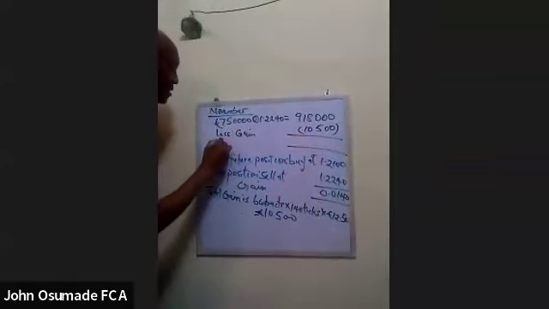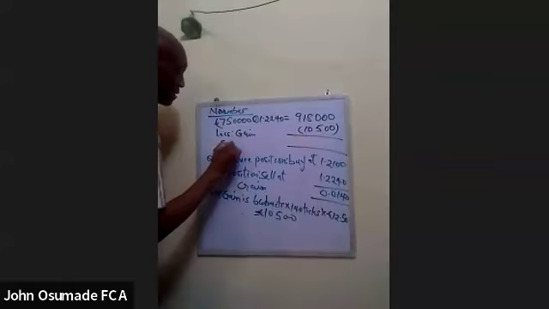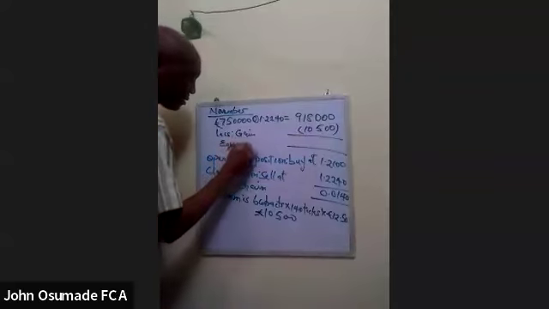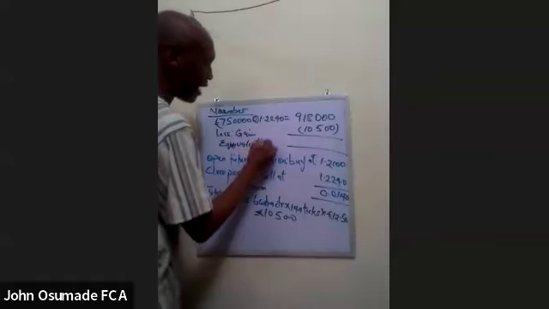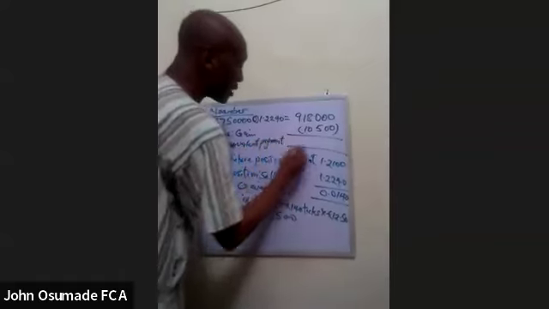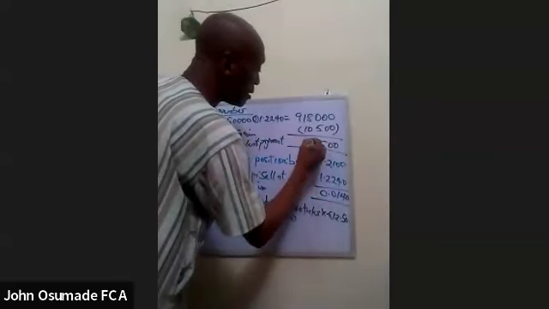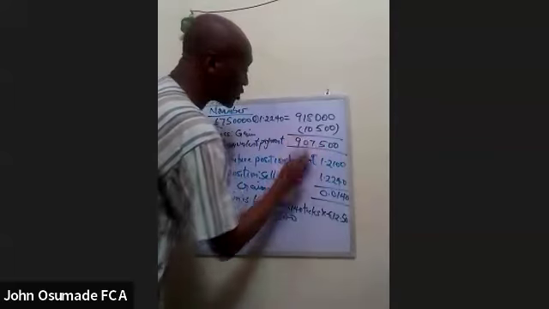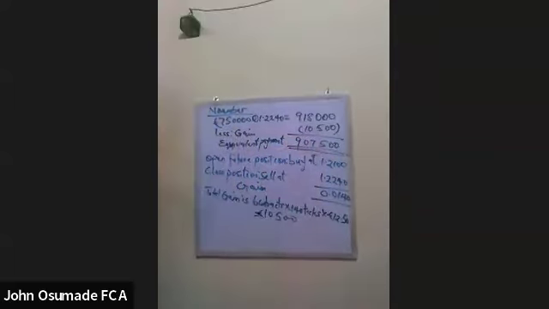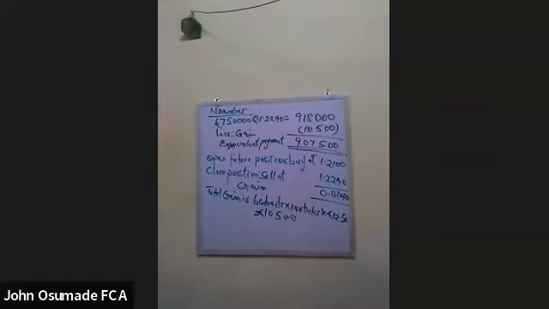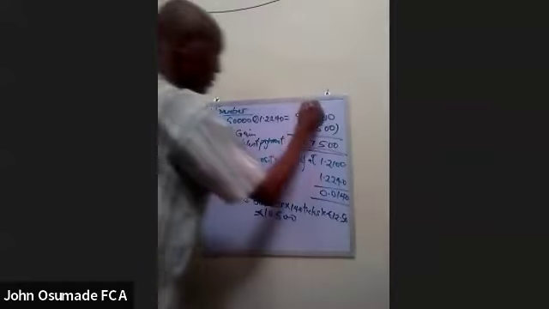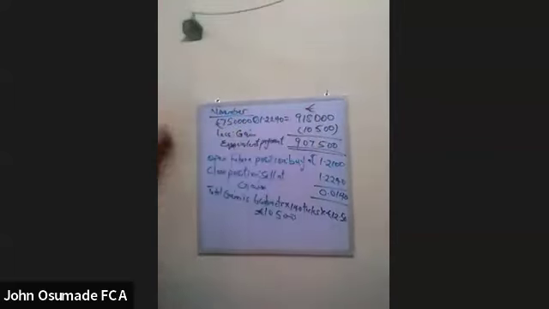So the equivalent payment of 750,000 is 907,500 euro. That's the equivalent of the 750,000 that he will be paying.